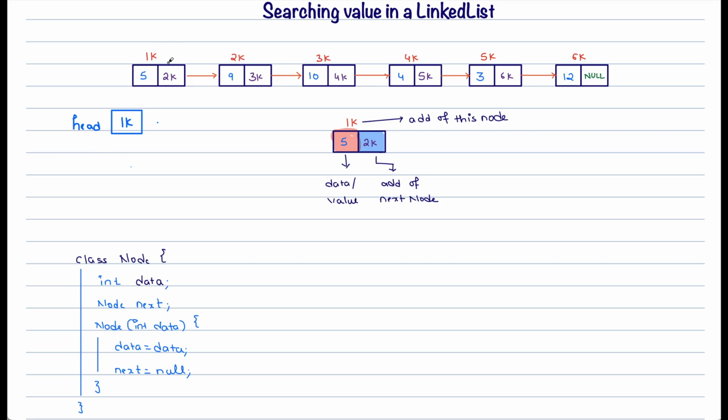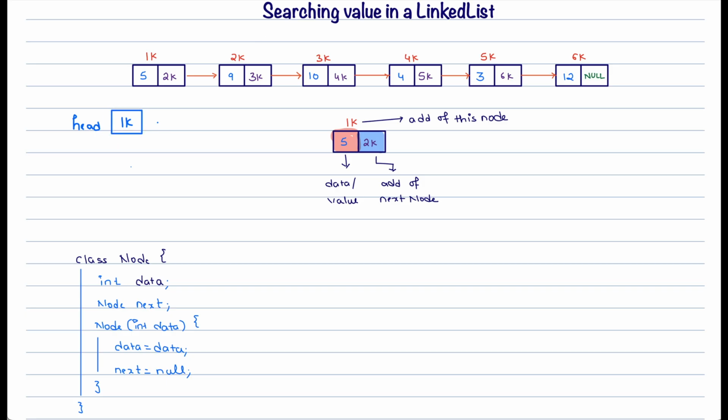Since I want to jump from 1k to 2k, the head would be 2k. After that it will be 3k, since I want to jump from 2 to 3 so that I can print the data which is 10, then from 3 to 4, and so on. But if I update the head value from 1k to 2k, it means that I have lost the address of the first node, and it will be lost in infinity. So we don't modify the head.